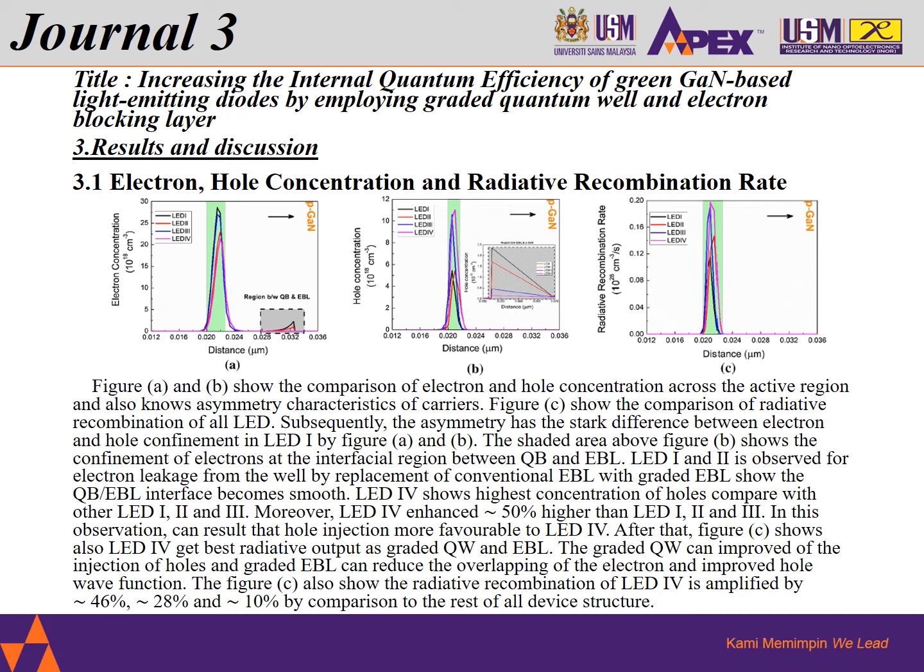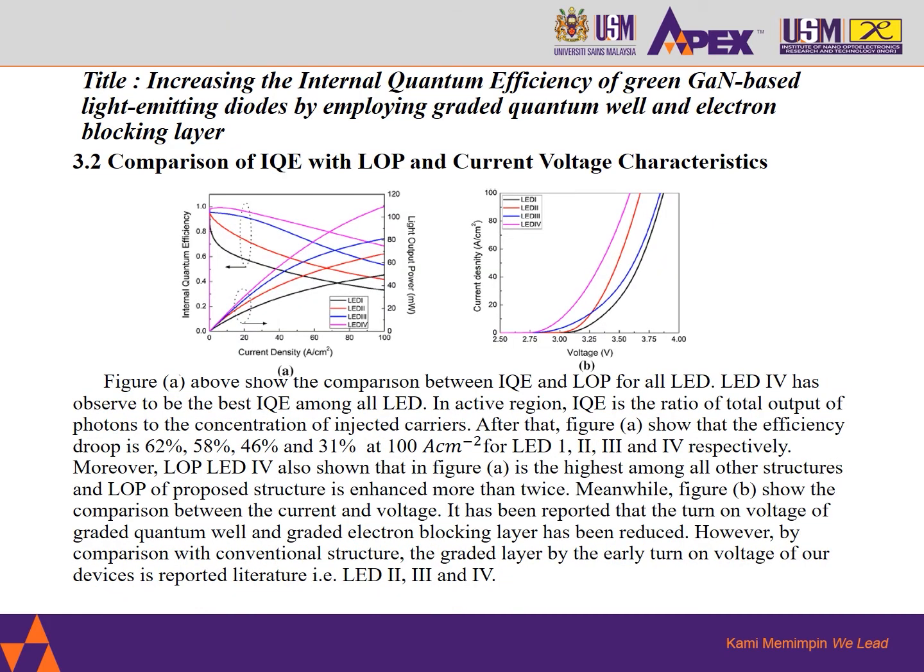Next will be the comparison of IQE with light output power and the current-voltage characteristics. The figure above, A, shows the comparison between IQE and LOP for all LEDs. LED 4 is observed to have the best IQE among all the LEDs. In the active region, IQE is the ratio of the total output of photons to the concentration of injected carriers.